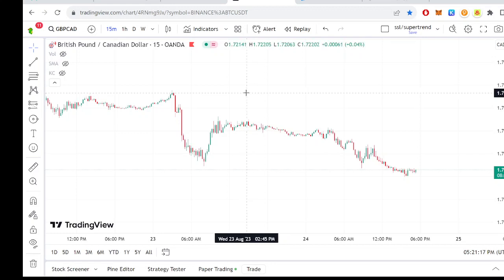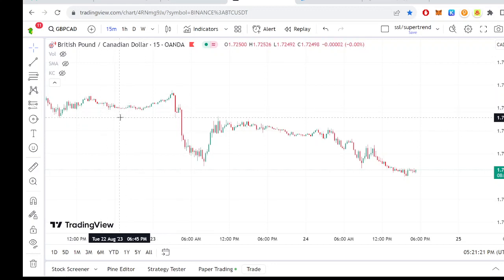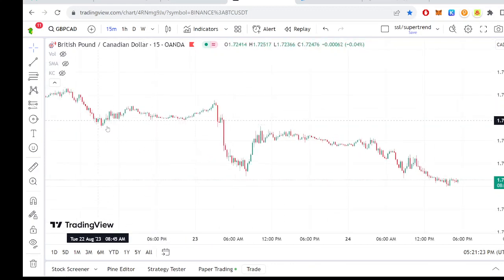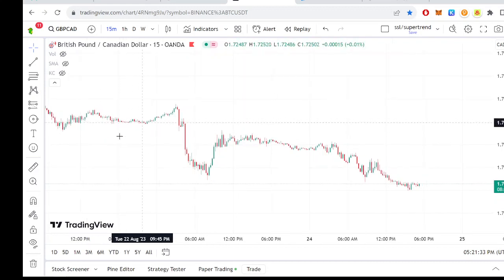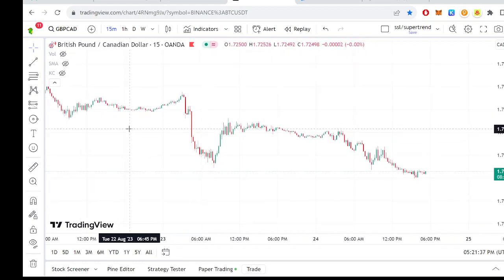Normally we usually get a little ICT rejection in here to make fun of, but today we don't have it. That's fine. We don't have to make fun of ICT every day. So anyways, let's just bar by bar it. Let's do bar by bar technical analysis right here.